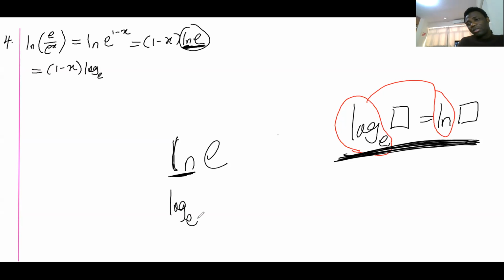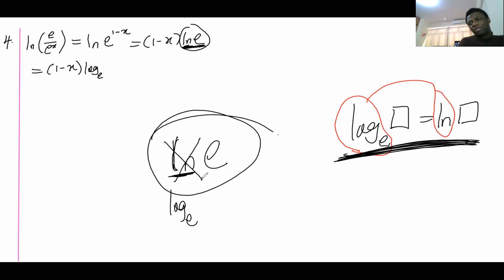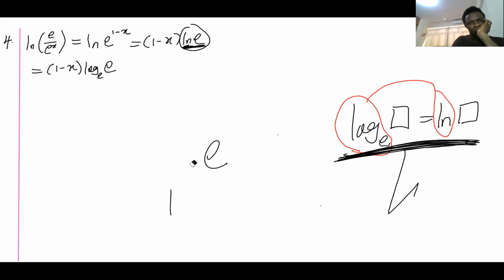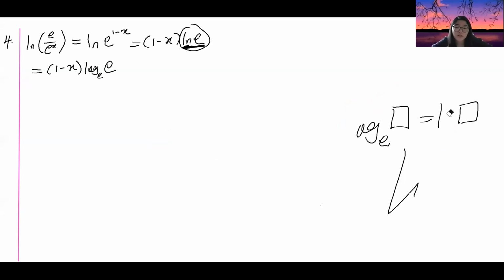So what is everything if I want to rewrite it without ln? That's what I'm asking you. Log base e of e. So does that mean anything to you? What is that? It's 1.